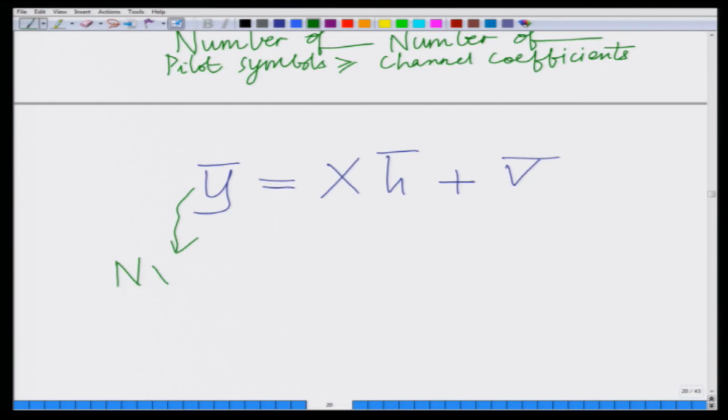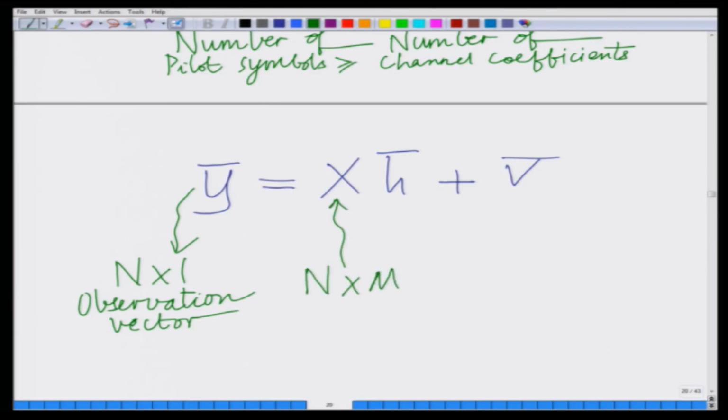This is the n cross 1 observation vector or received symbol vector. This is X, which is the n cross m pilot matrix corresponding to m pilot vectors of m pilot symbols each transmitted over n time instants.